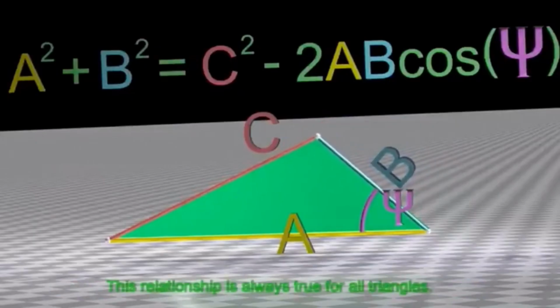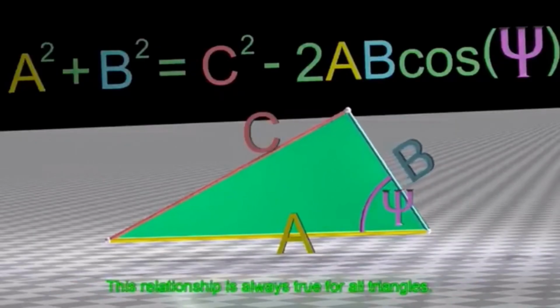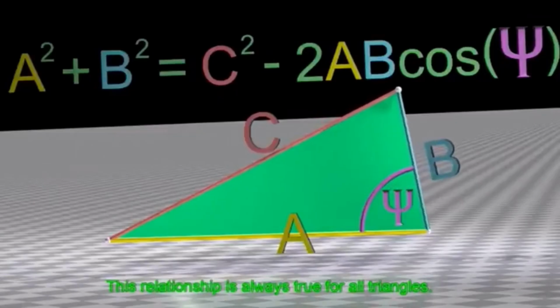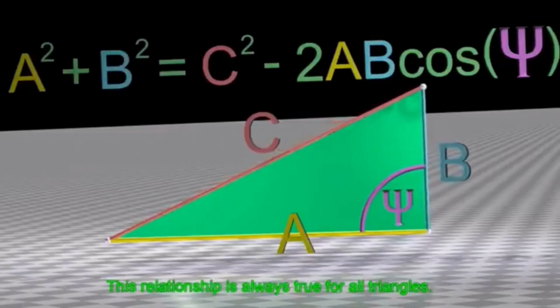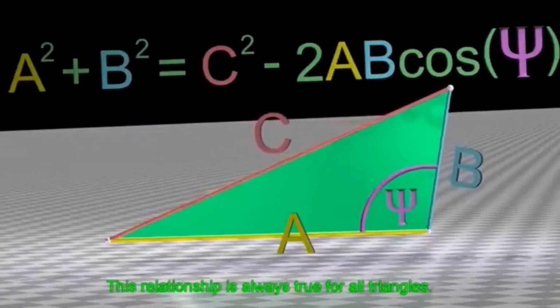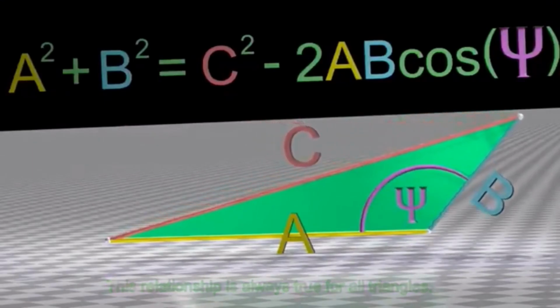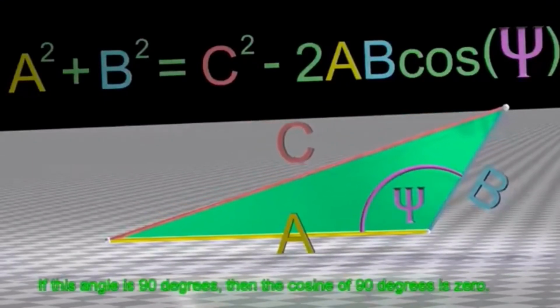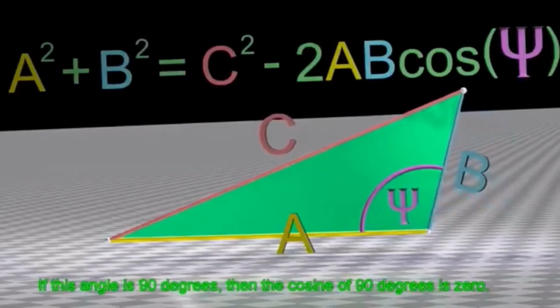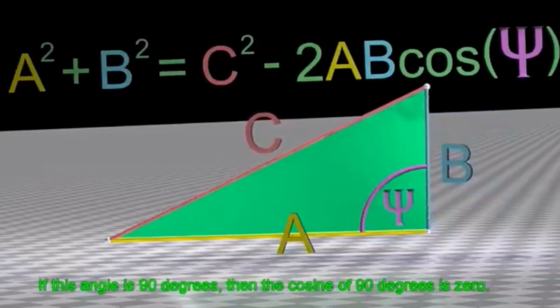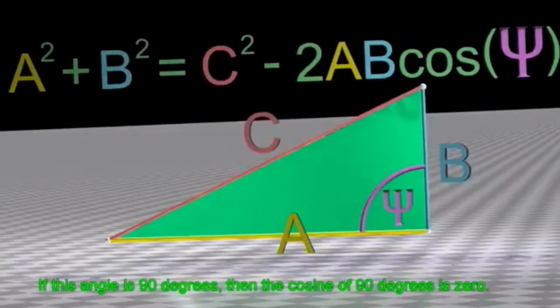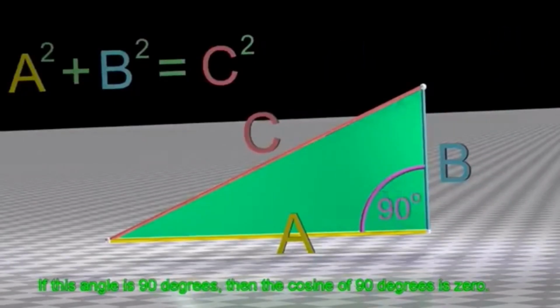This relationship is always true for all triangles. If this angle is 90 degrees, then the cosine of 90 degrees is 0.